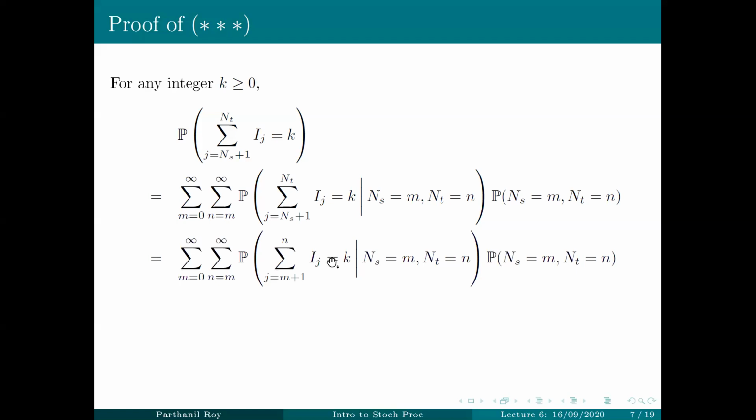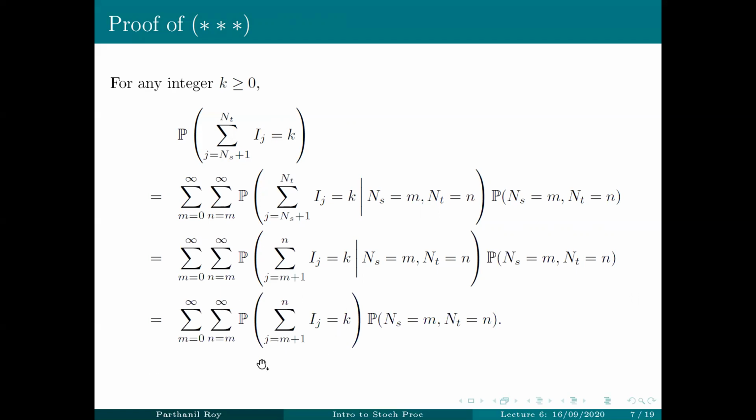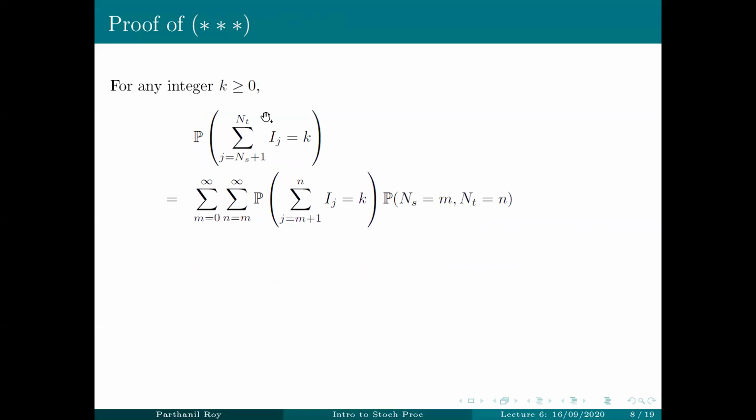In particular, all the I_j's are independent of the random vector N_t comma N_s. So therefore, this conditioning will go away. So we'll have this unconditional probability multiplied by this probability, and then we'll take this sum. So we have got up to this far. We have expressed the left-hand side of star star as this probability here.